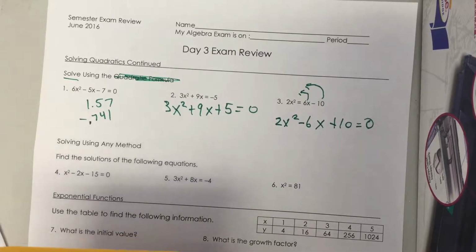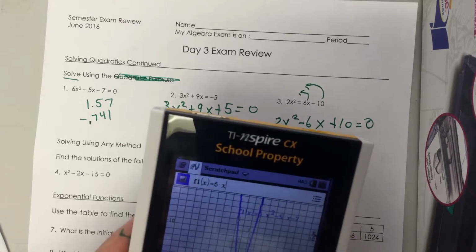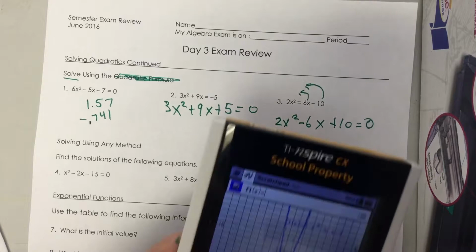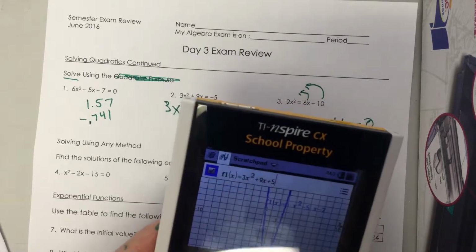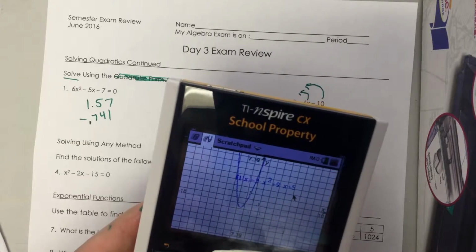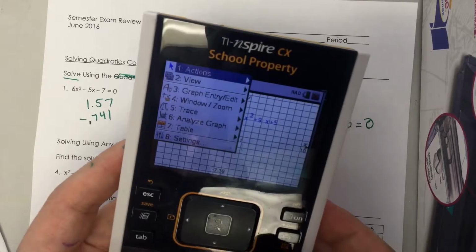So let's go ahead and type in my new equation. 3x squared plus 9x plus 5. Okay. There's my new parabola. Again, it's not on the grid very nicely, so I'm going to go to analyze my graph.